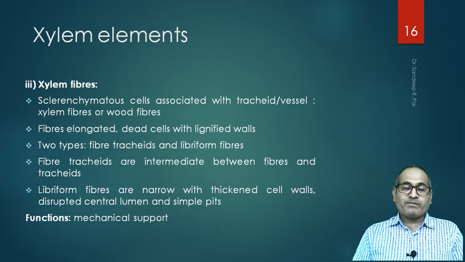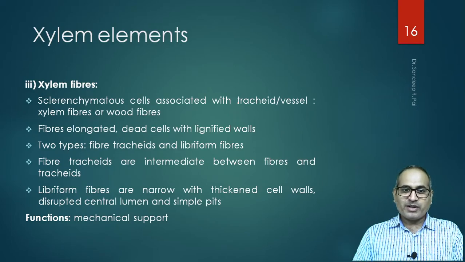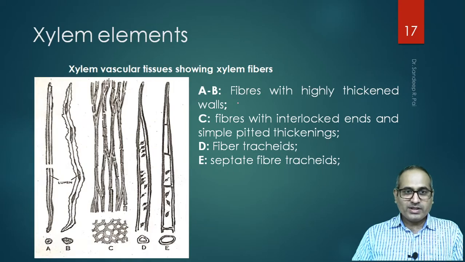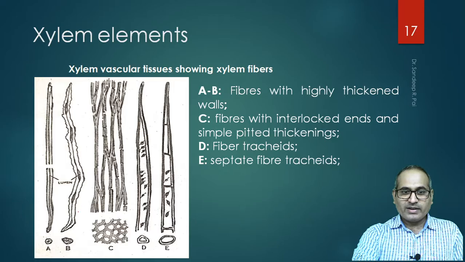So unlike the earlier two types, xylem fibers are just meant for mechanical support. You can mark out this function: xylem takes active part in conduction of water and minerals from roots to different parts, but xylem fibers are for mechanical support. This is how the xylem fibers look.